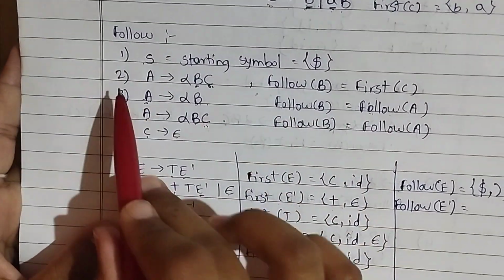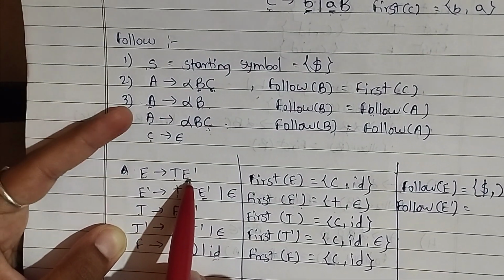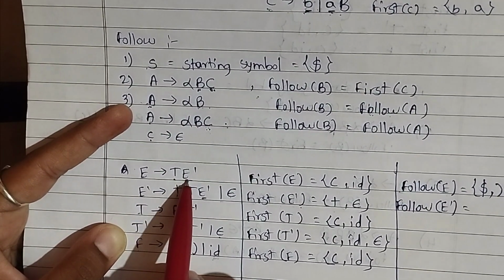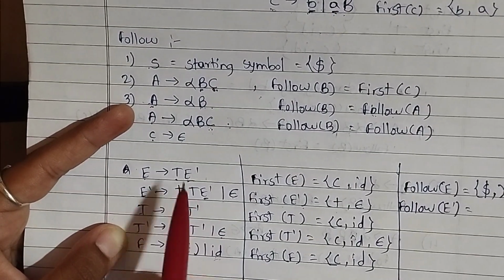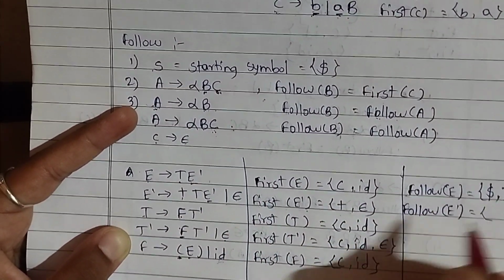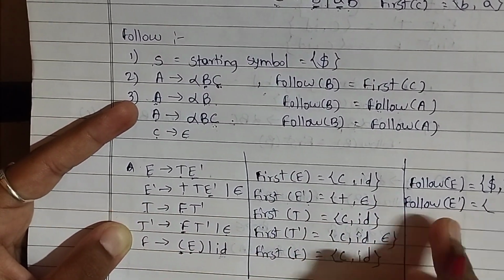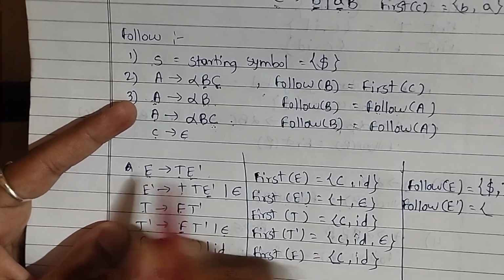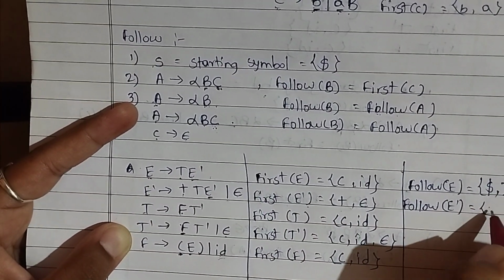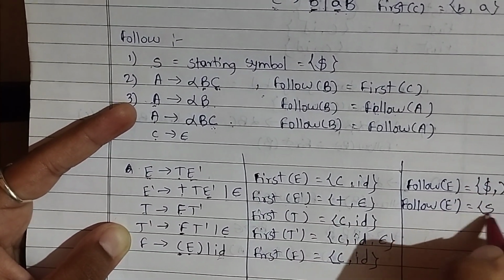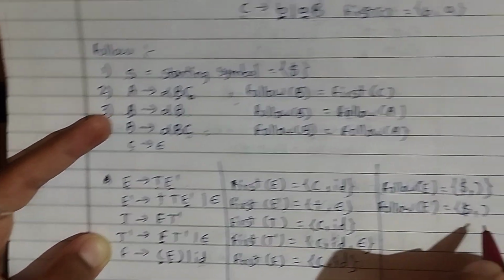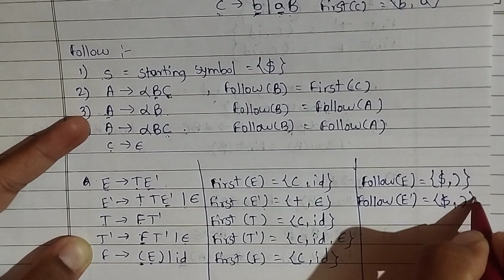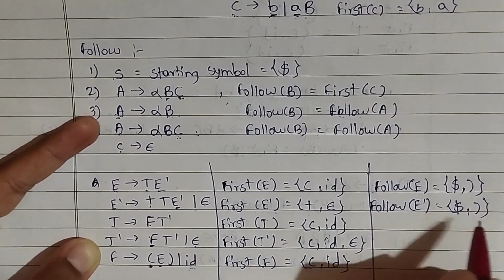Find the follow of A. So here we write the follow of E dash is the follow of E, because null follows E dash. So follow of E dash is nothing but the follow of E, which is dollar and closing bracket. So this is the follow of E dash.